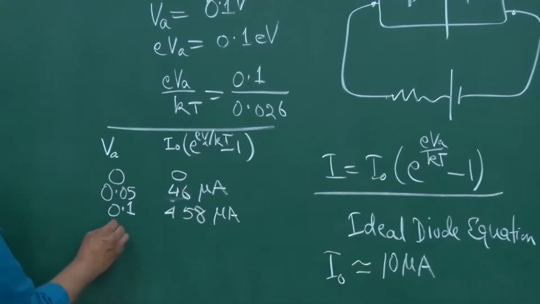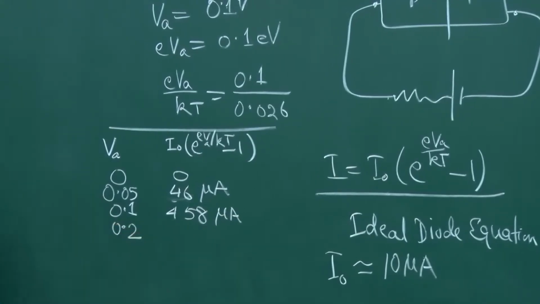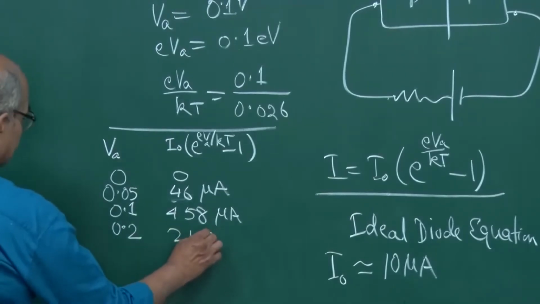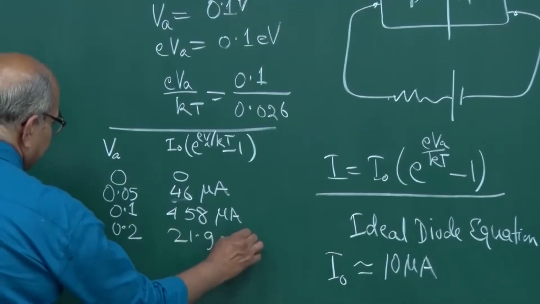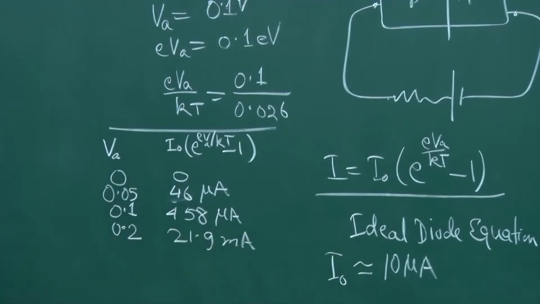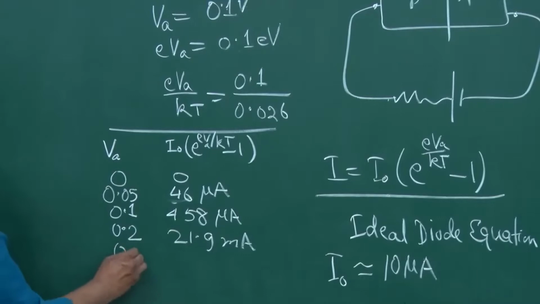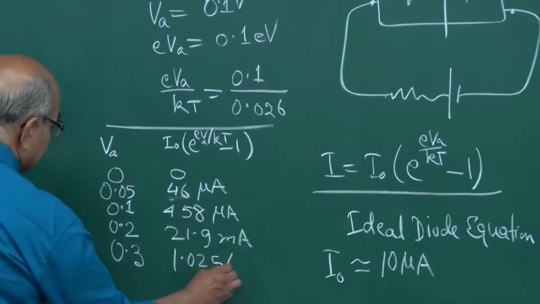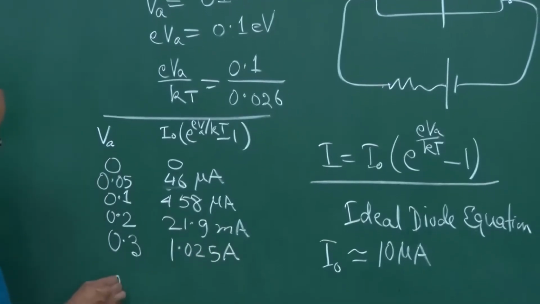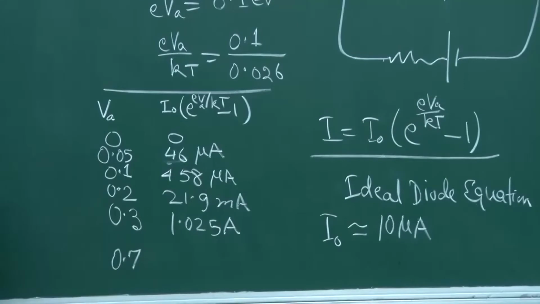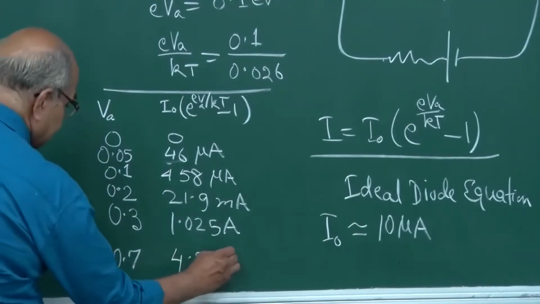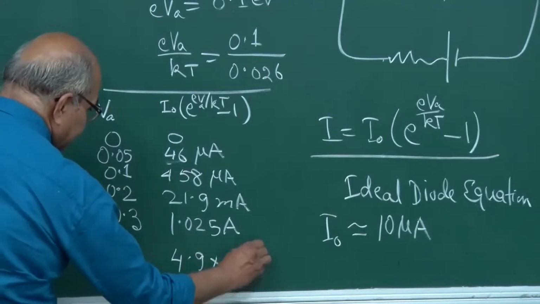And if you take 0.2, applied voltage is 0.2, this is 21.9 milliamperes. And if you take 0.3, this number is 1.025 amperes. And if you take this as 0.7, then you have 4.9 into 10 power 6 ampere.